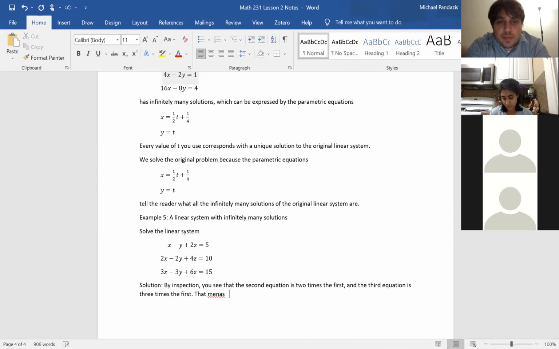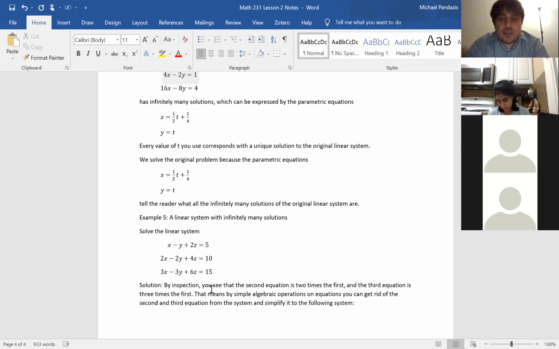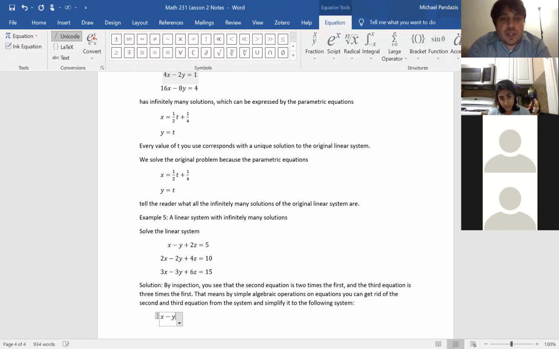That means by simple algebraic operations on equations, you can get rid of the second and third equation from the system and simplify it to the following system.